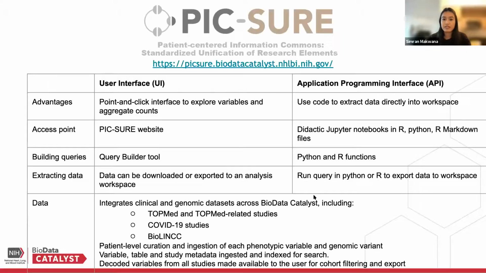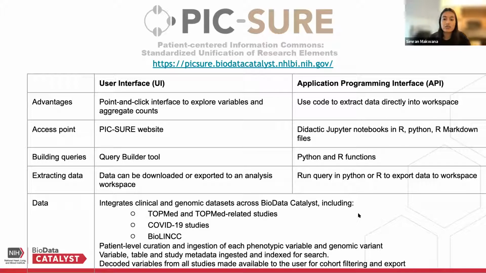Next slide, please. So PIC-SURE stands for Patient-Centered Information Commons, Standard Unification of Research Elements. Users are able to utilize PIC-SURE using either the user interface, or UI, or the application programming interface, or API. The user interface allows users to search available data at the variable level using queries to build cohorts using a simple point-and-click interface. Results can then be exported via the API for analysis.